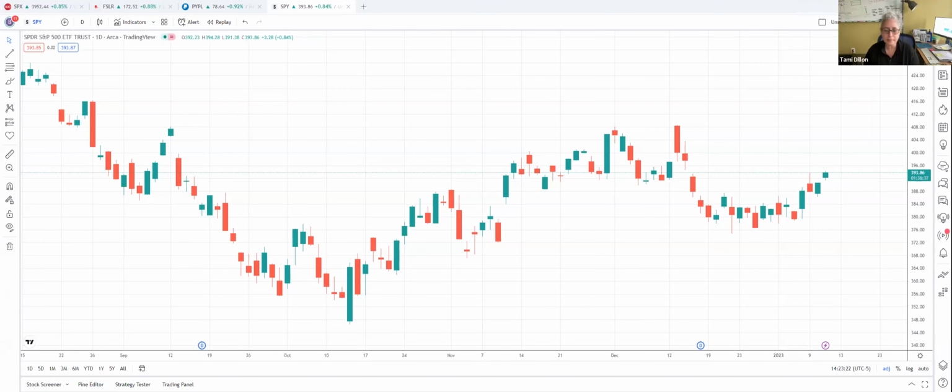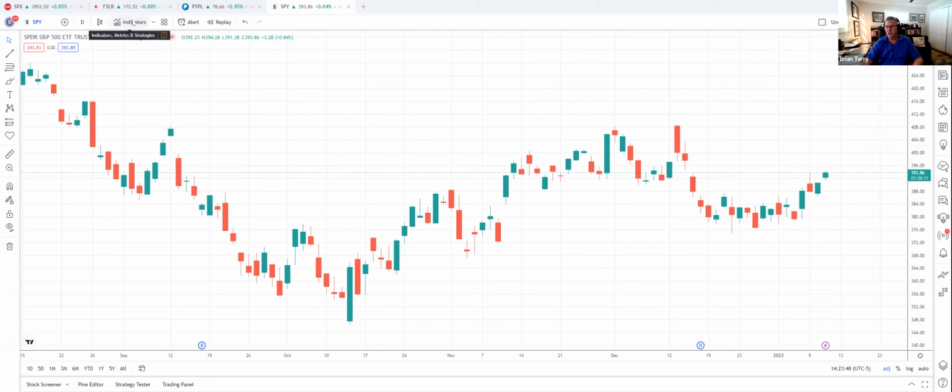Okay, so this is just a candle chart, and it shows you green are up days, reds are down days. So we're all over the place, right? So let's take a look at some of the different indicators.